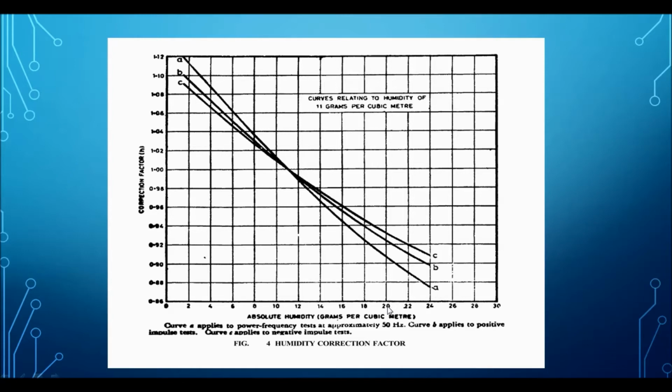Let your value of absolute humidity be 20, then you can find out the corresponding correction factor. Let your value be 20, then you can see the correction factor is 0.92, here is 0.90. Then this is the midpoint. Okay, then you can take the reading and calculate the correction factor.